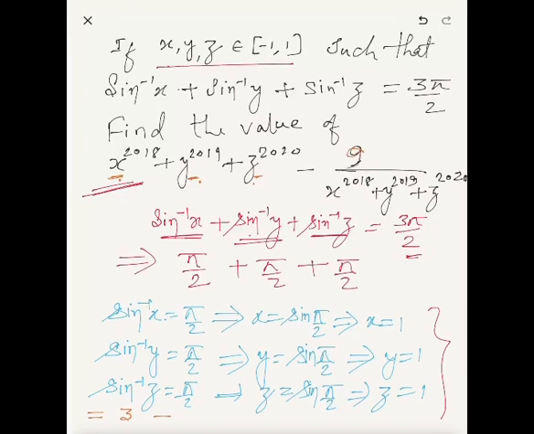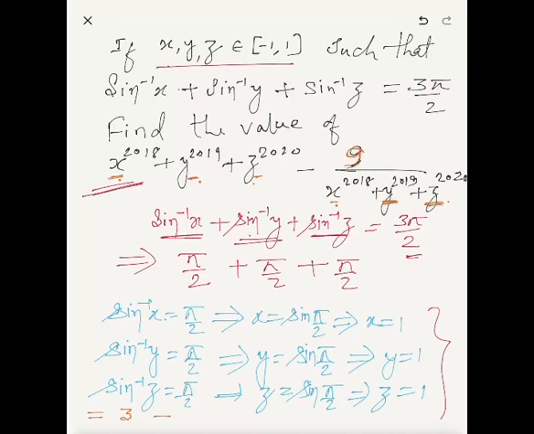Minus 9 divided by, again you put x, y, z as 1. You will be getting 1 here, and here also you will be getting 1, because 1 to the power anything, 2020 or 2019 or 2018, it will be 1 only.